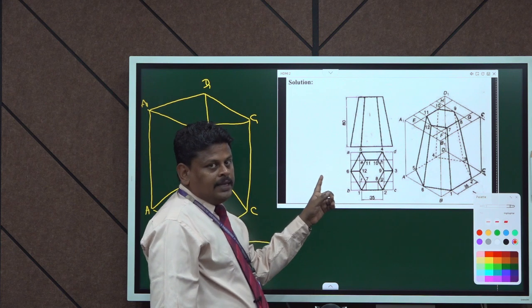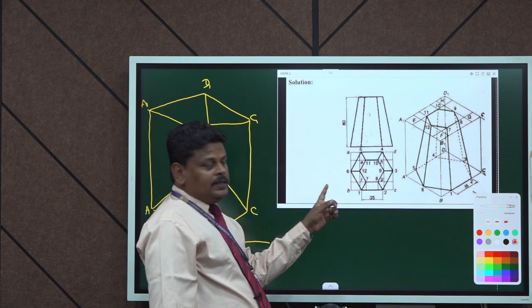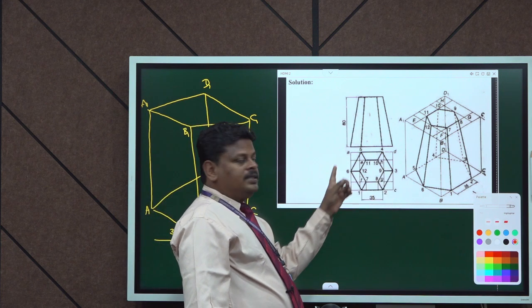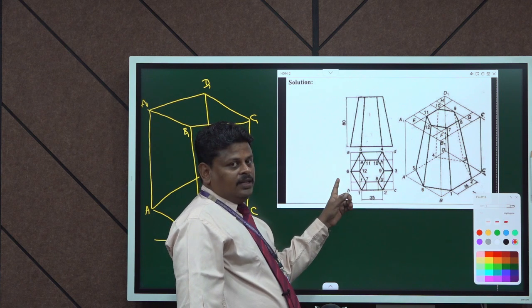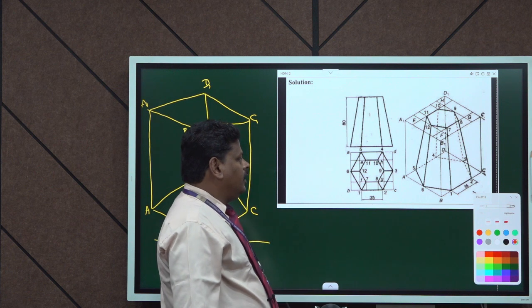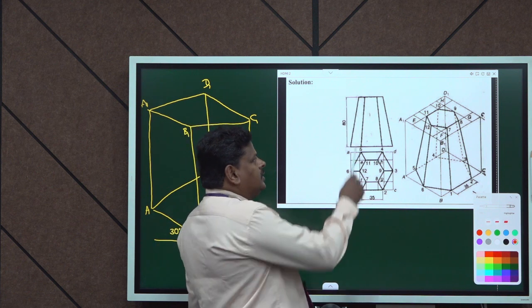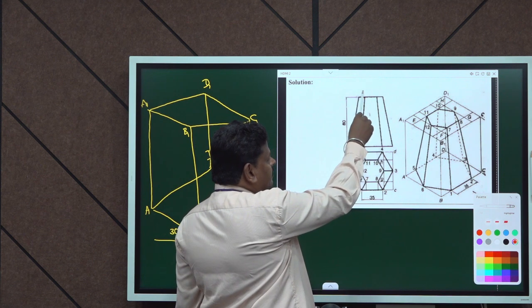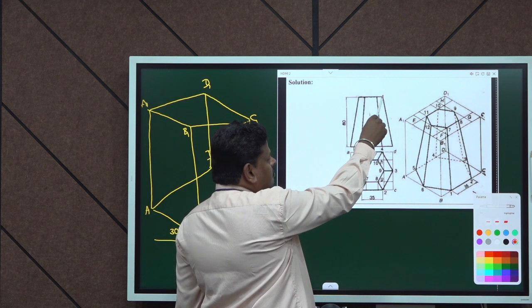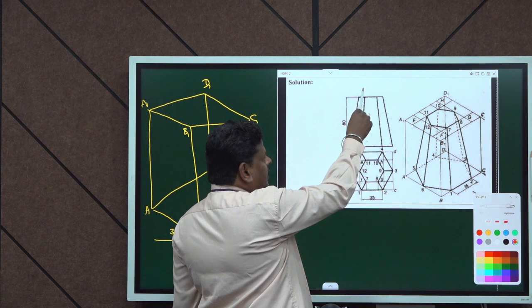As a hexagon has 6 corners, it has been labeled 1, 2, 3, 4, 5 and 6. And now the cutting points are named 7, 8, 9, 10, 11 and 12.